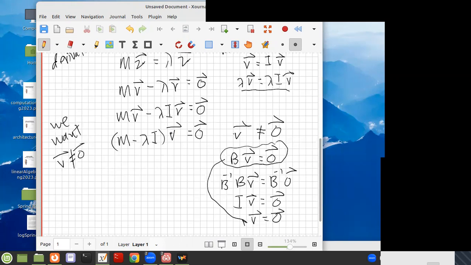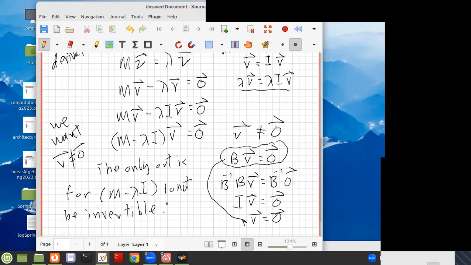The only way that can occur is for B here to not be invertible. Well, this is just, for M minus lambda I to not be invertible, it must be a singular matrix, right?